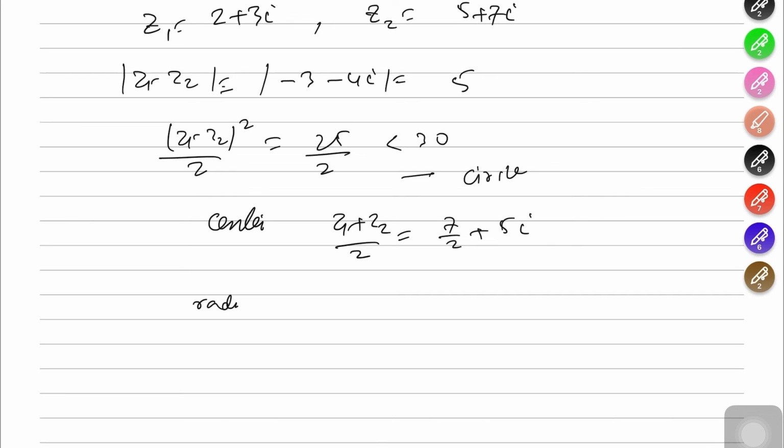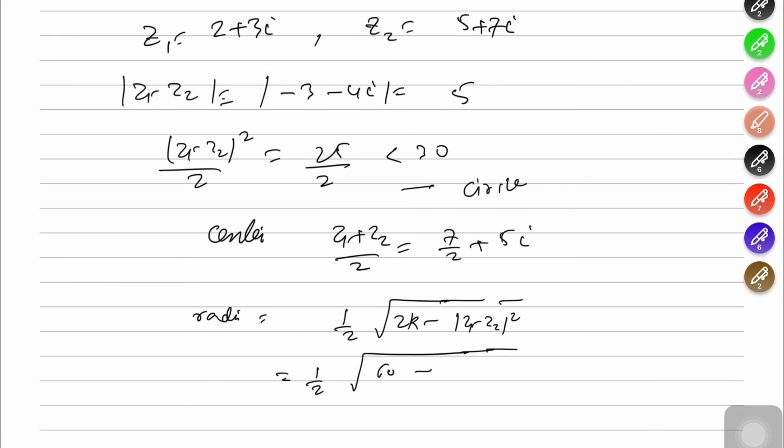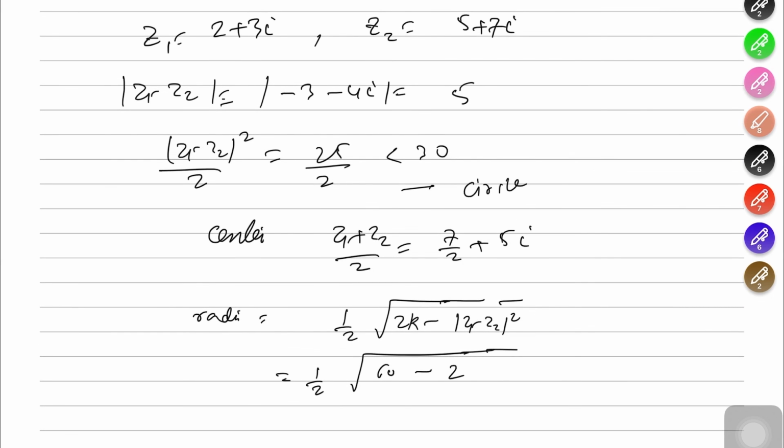And what is the radius? Radius is 1 upon 2 times the square root of (2k − |z1 − z2|²). That means half. What is 2k? k is given to be 30. So 60 minus 25.